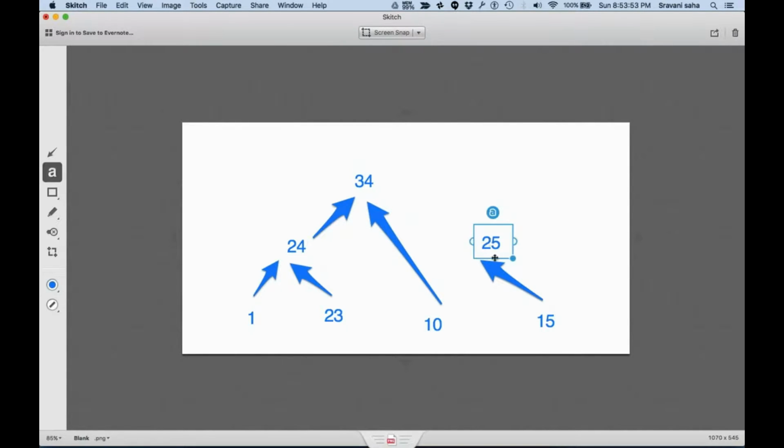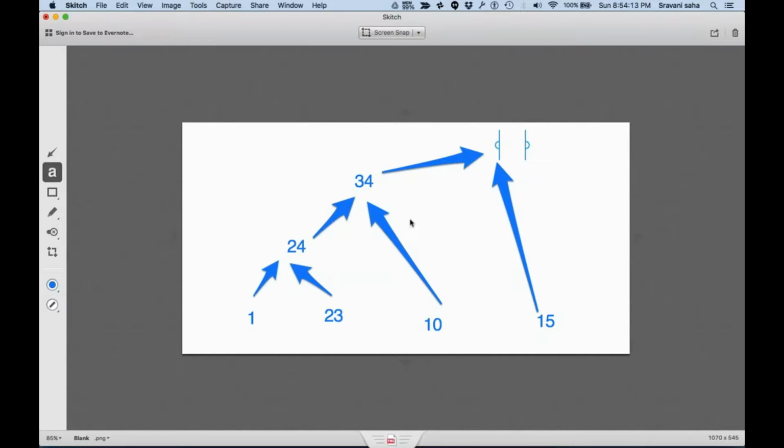Then we apply summation of 15 and 34, and the answer will still be the same. So no matter in what order you do the summation, you always get the same answer.